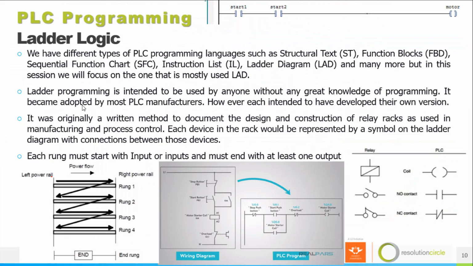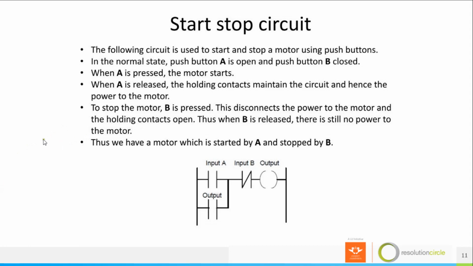Let me take you back. Here I have the basic latch. When I press A, power will go and energize output O. When the output O is energized, this will change the state and allow power to pass through.